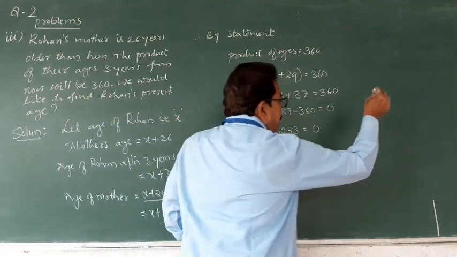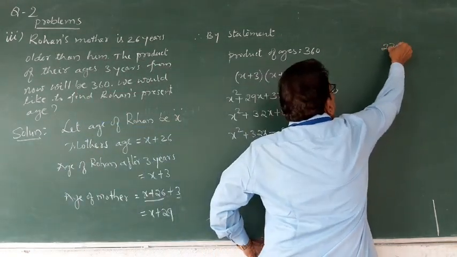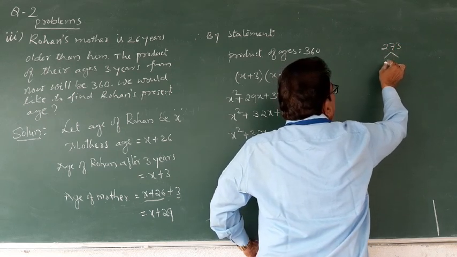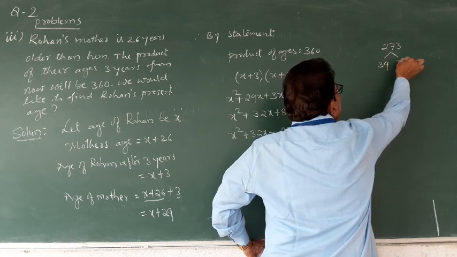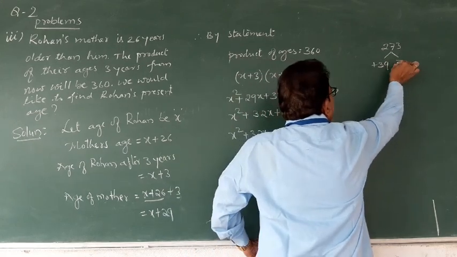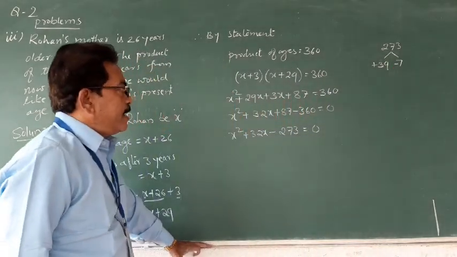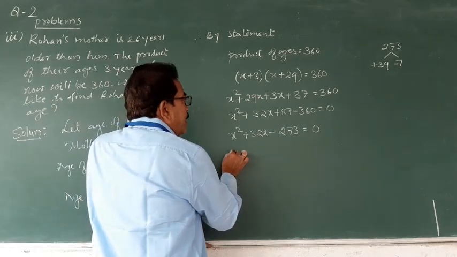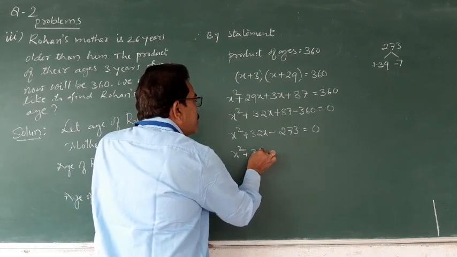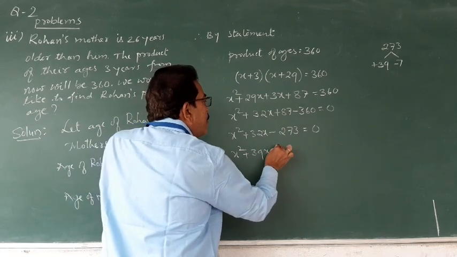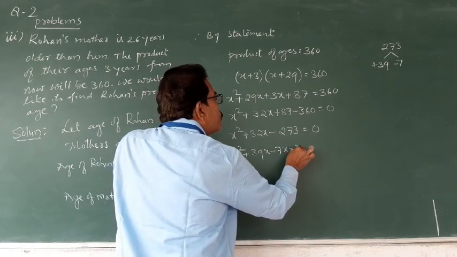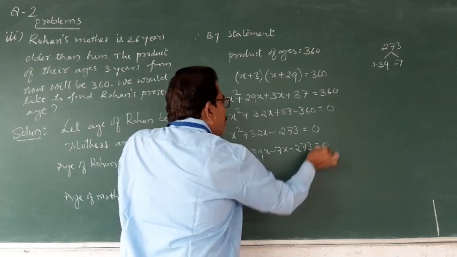Now 273, let us split that one. 273 equals 39 sevens are 273, so plus 39 minus 7, that is x square plus 39x minus 7x minus 273 equals 0.